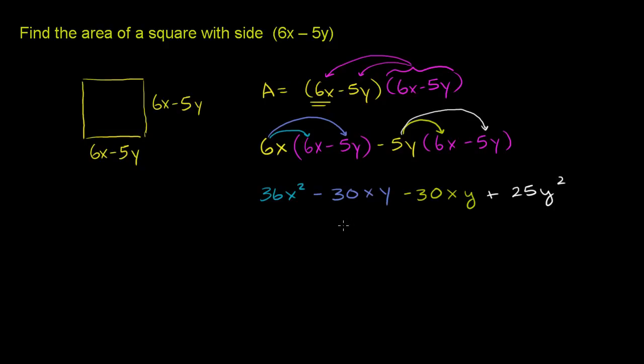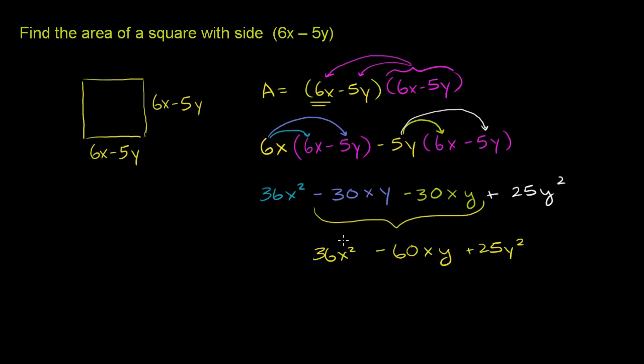And then we are almost done. We can just add these two terms in the middle. Negative 30xy minus 30xy is going to be negative 60xy. So you get 36x squared minus 60xy plus 25y squared.